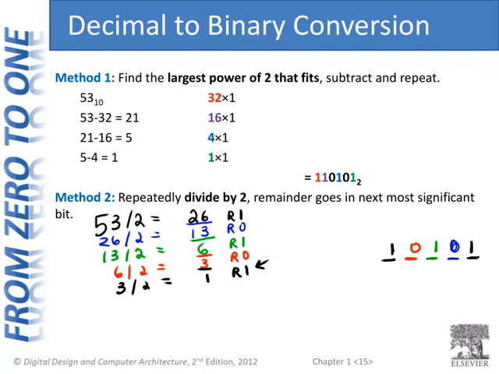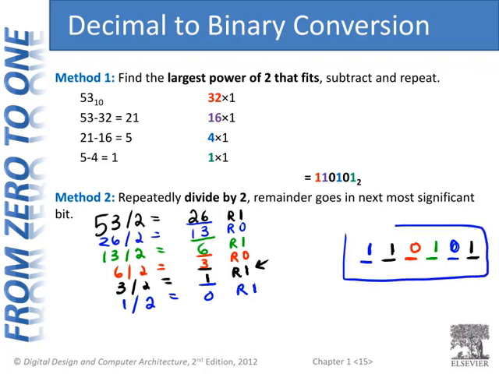And then we take what's left, our 1, divide it by 2, and we get 0, remainder of 1. And that's what goes in our next most significant bit. And as expected, we get the same value as we got with method 1. If not, there's probably an error in there.